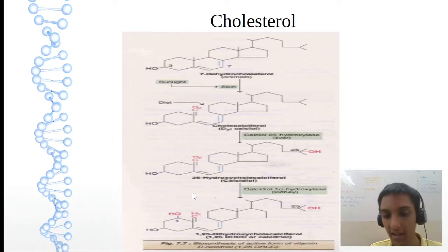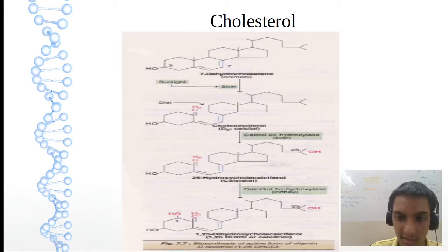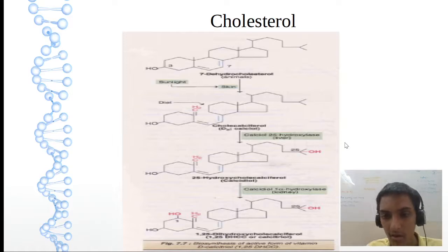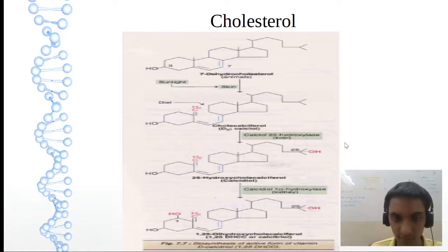It is also called calcitriol or 1,25 dihydroxy cholecalciferol. So remember that 25 alpha hydroxylase is catalyzing in the liver, 1 alpha hydroxylase in the kidney. Exactly opposite will be in the glycine metabolism, where the first step is in the kidney, second step in the liver.